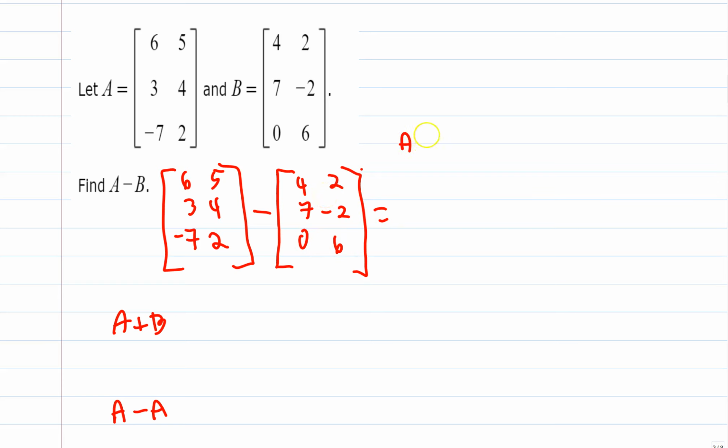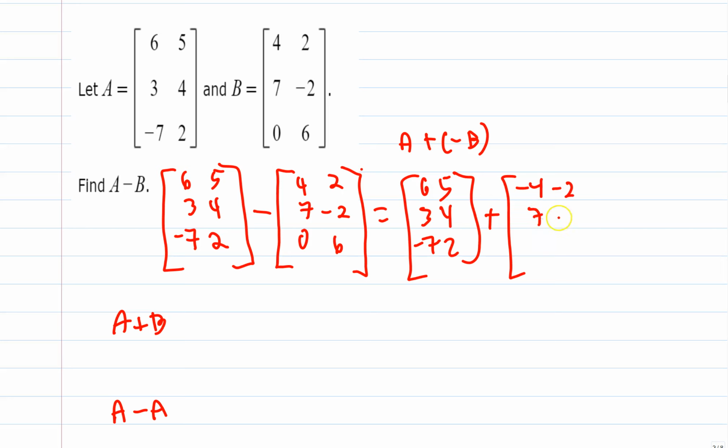So I have my A, didn't change, plus, and then minus B, all of those become opposite. And last, once I have distributed the negative, when we add a matrix, we just add up each piece with the matching piece in the rectangle.